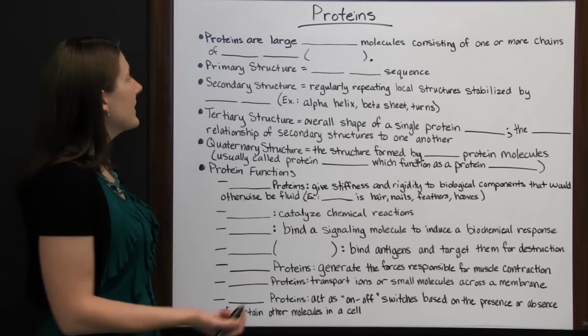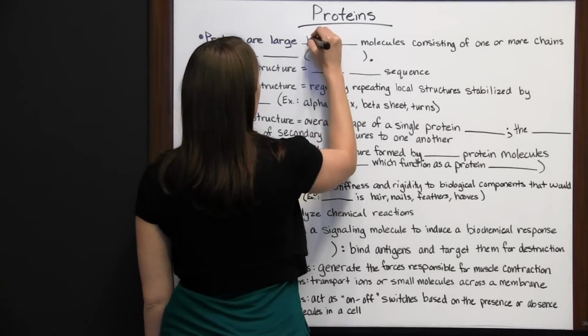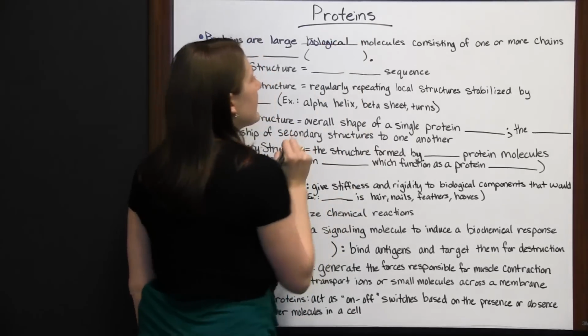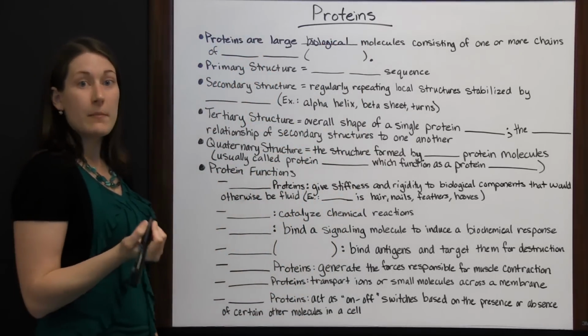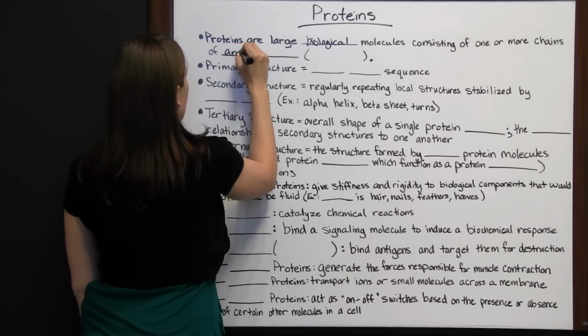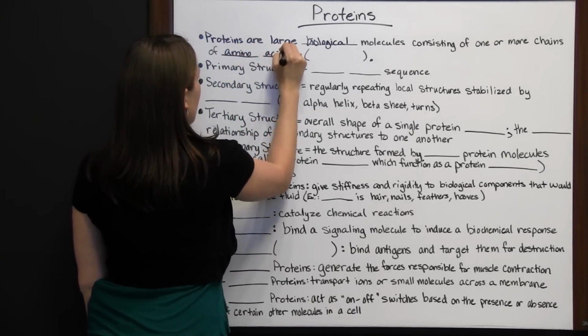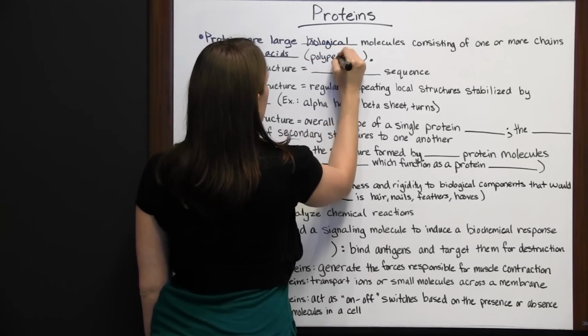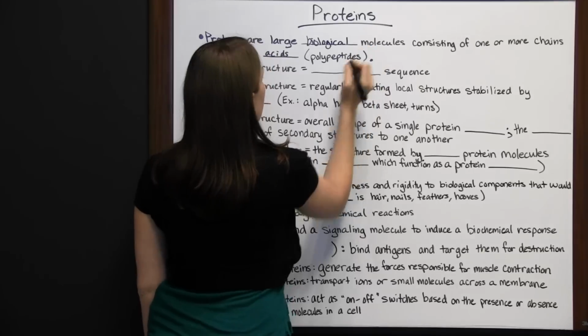Proteins. Proteins are large biological molecules consisting of one or more chains of amino acids, which are known as polypeptides.